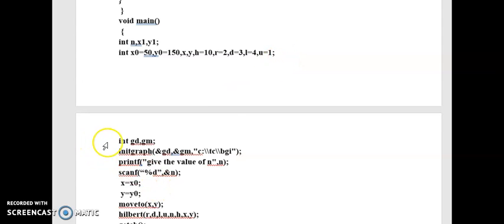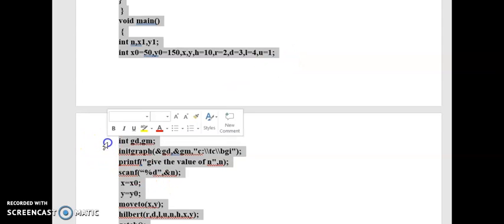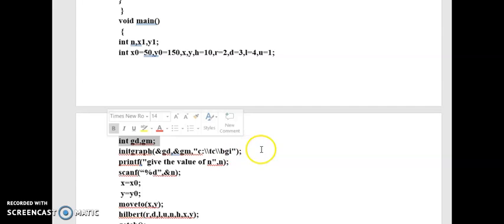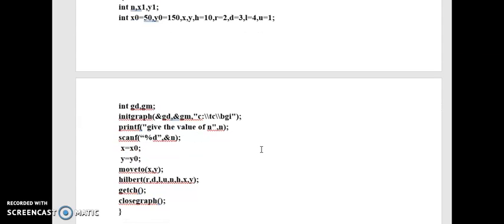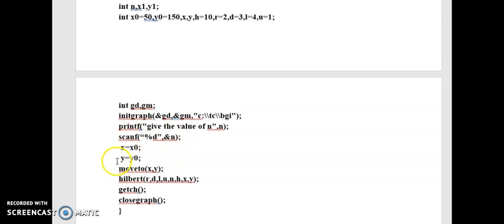Then we declared the graphics driver and graphics mode and initialized them. Then we take the value of n from the user with printf and scanf %d, &n.